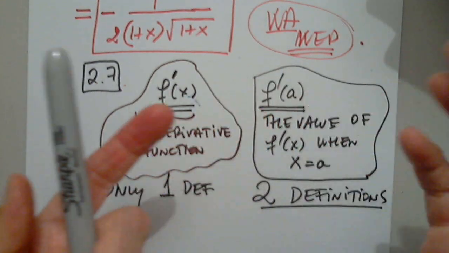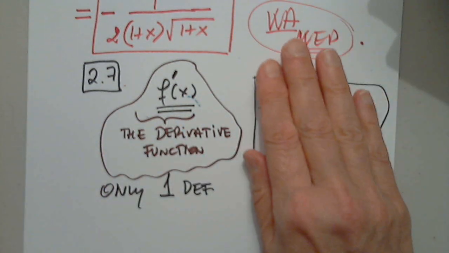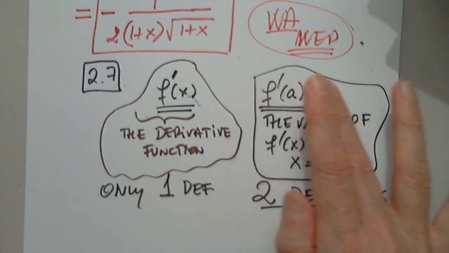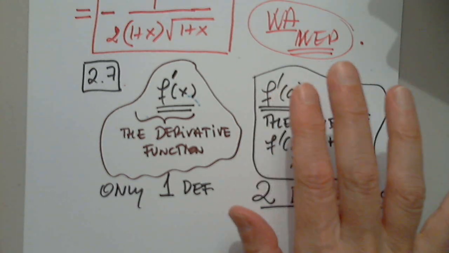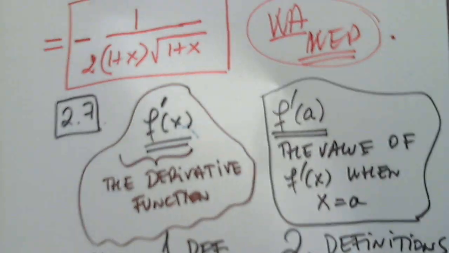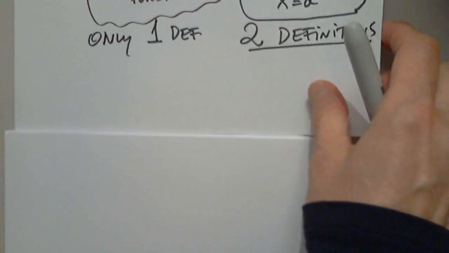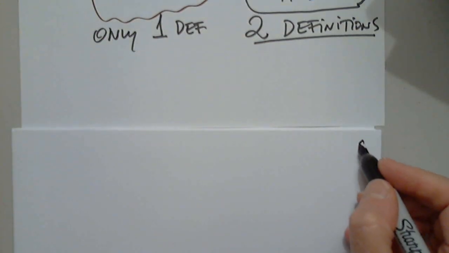If it's not a, it may be 5, plug in 5. If it's -3, plug in -3. But this is a good practice, okay? Find f prime of a, but there are 2 definitions. Okay, so let me show both definitions, and then we'll work on more functions using those definitions.